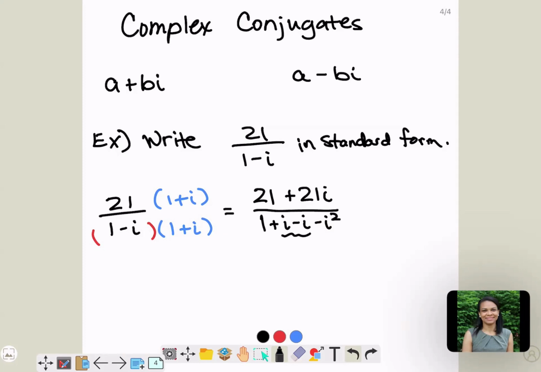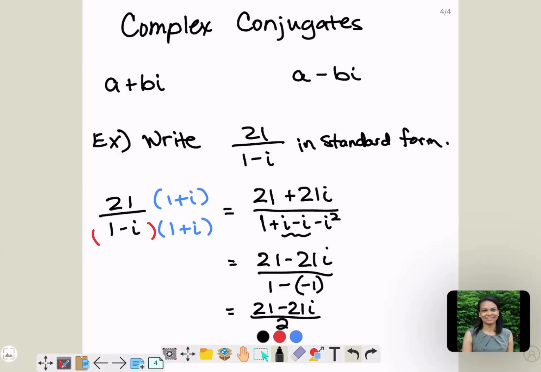That i squared, we know is going to be -1. Right, so now I've got 1 minus -1. Okay, so I've got this minus that was already there. The i squared is the -1. Put it in parentheses so it's not confusing me. And I'm going to end with 21 minus 21i. And then that 1 minus -1 is just 2.